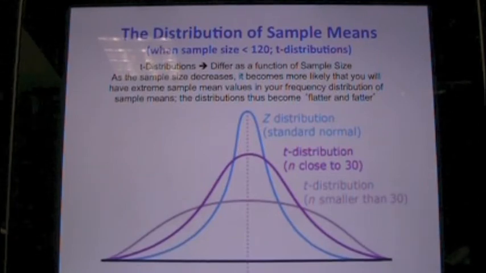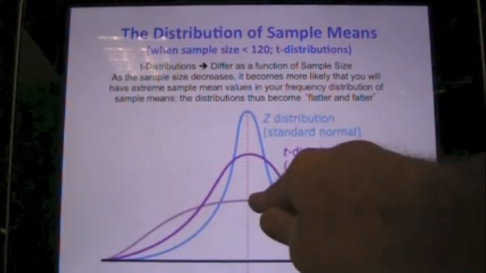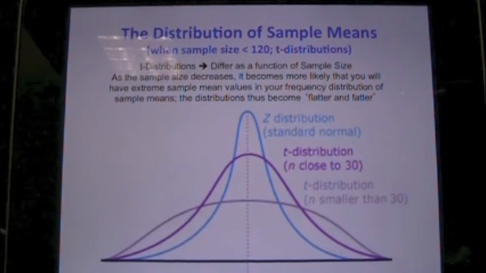In essence, when you move from a large sample size, large as 120, 130 kind of a thing, if you move to 50, to 30, to 20, to 10, the distribution of sample means is no longer a normal curve. It is flatter, has a lower mean, and fatter. It has more values out there in the wings than a normal curve.